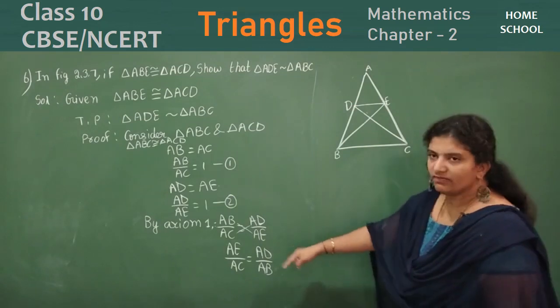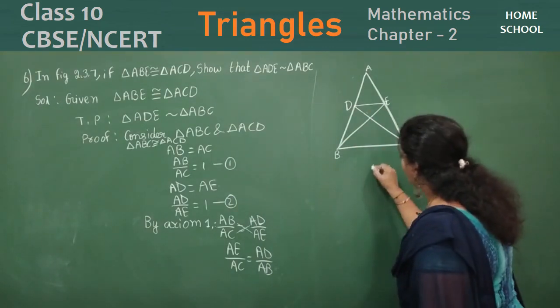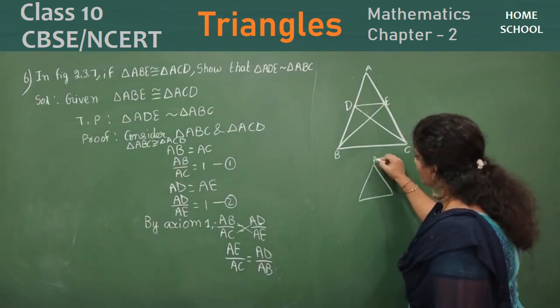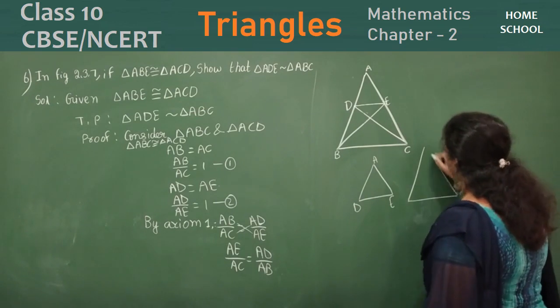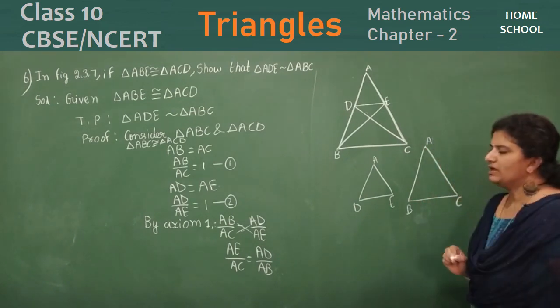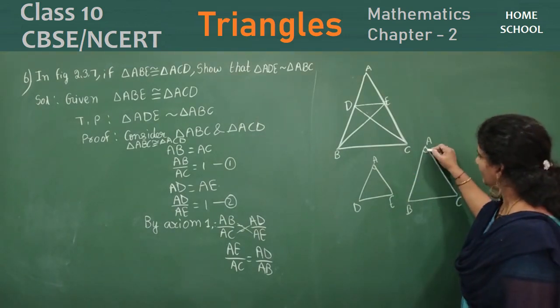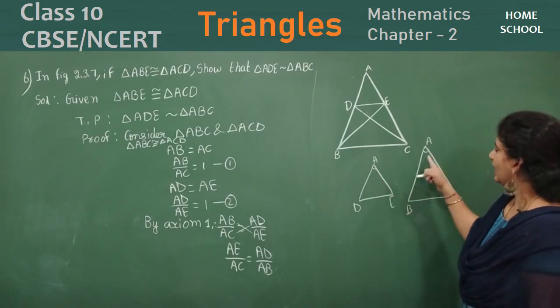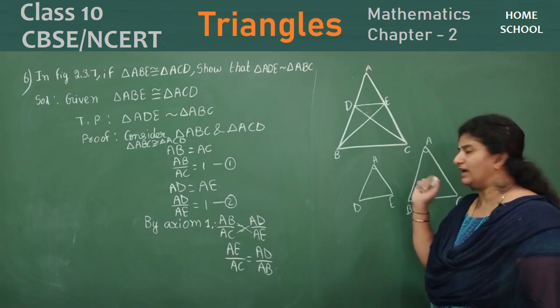So now we are going to draw the two triangles. What do we need to prove here? Let's draw the two triangles: ADE and one more big triangle ABC. Observe carefully. I can say angle A, angle A. Why am I saying angle A? It is a common angle for the two triangles.